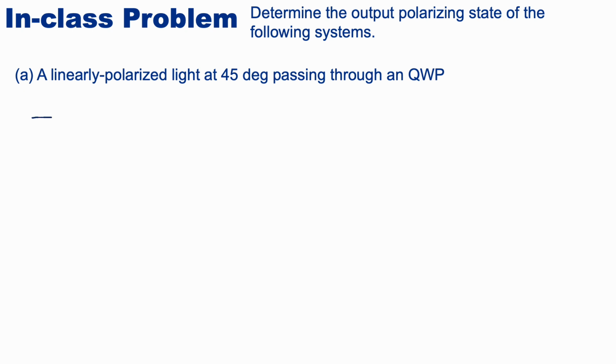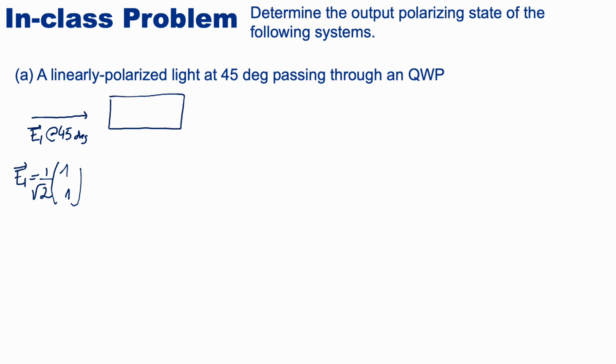So right now here we have linear polarized light at 45 degrees. That means, if you remember what we did before, 1 over square root of 2 times 1 1. And this is going through a quarter wave plate.